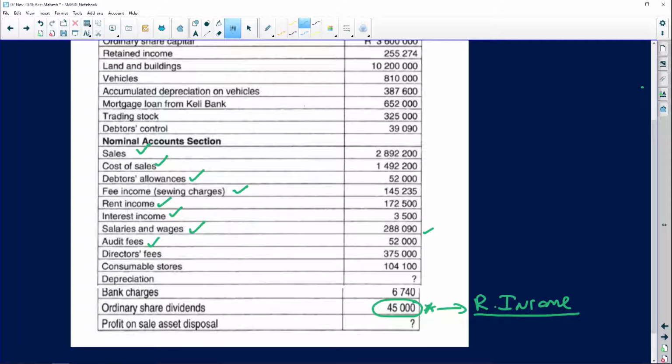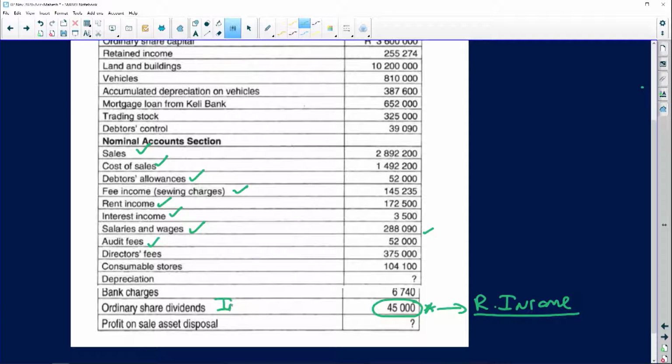So remember, ordinary share dividends, if it appears in the trial balance, this is obviously your interim dividend that was paid during the financial year. So I want you guys to please remember this. Often we see students putting this amount in the income statement, and remember that is incorrect.